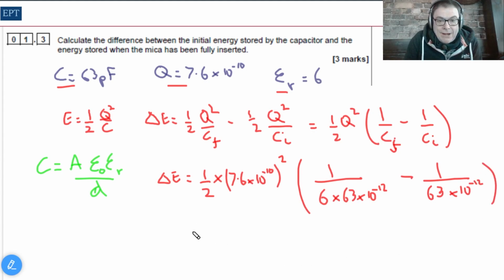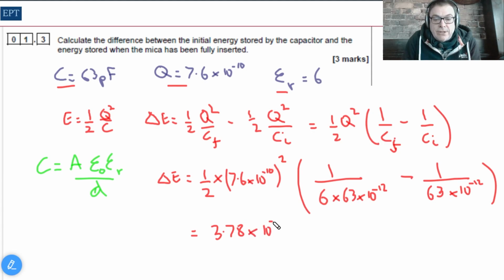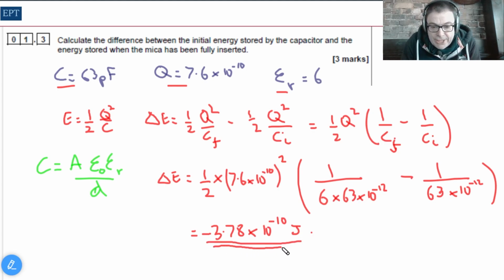And when you bung all that lot into your calculator, you will get 3.78 times 10 to the minus 10 joules. And of course, it's actually going to come out on your calculator as negative. Now, since we're interested in the change, we can effectively just ignore the sign, and the mark scheme says just allow negative or positive answers.